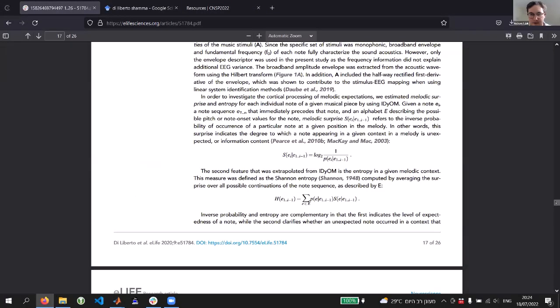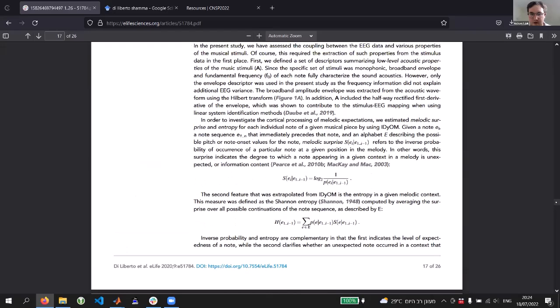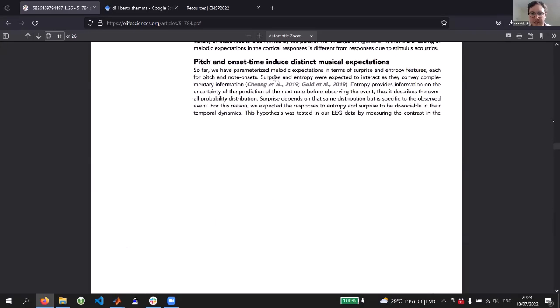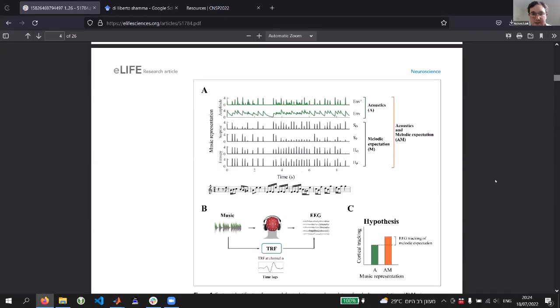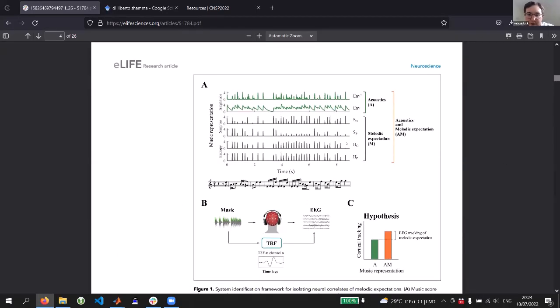Let me zoom up to this figure. This is a really nice figure of the stimuli. So we've got these 4 different features.